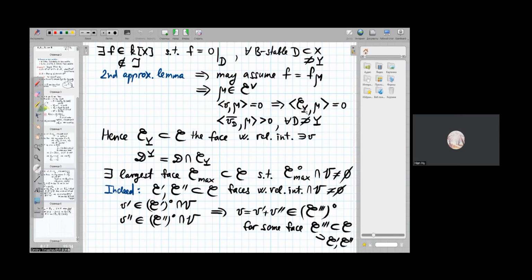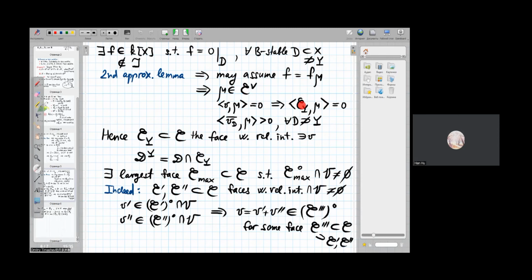Although we have that the pairing of C_Y and mu is 0, did we prove that all things pairing with mu that are 0 are in C_Y? Well, what is C_Y? Yes, we prove that, we use the condition that the pairing of VD bar and mu is positive when D does not contain Y. So C_Y is generated by all vectors corresponding to VD bars such that D contains Y. All these vectors are in C, of course, but not all vectors generating C are in this set.